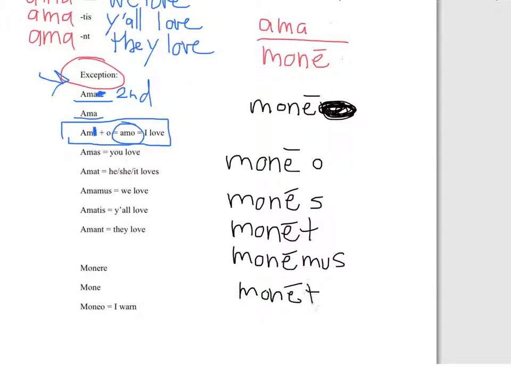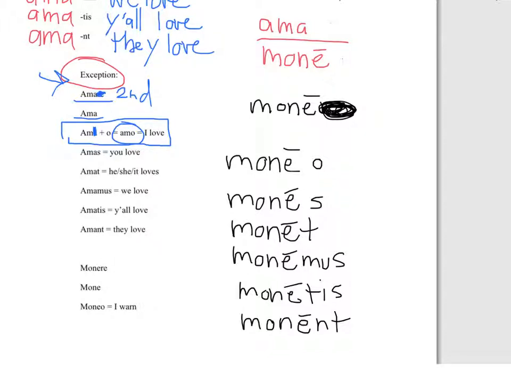So you don't need to use the personal pronoun I in Latin. You can say, for example, ego moneo, but typically you can leave that off because it's not necessary information. It's just redundant and kind of emphatic.